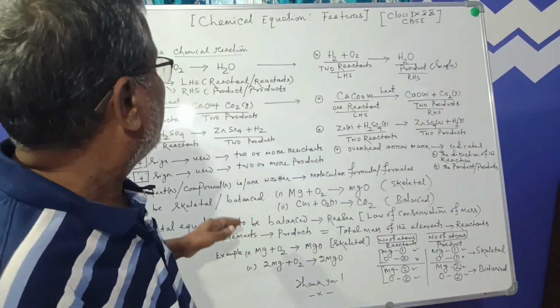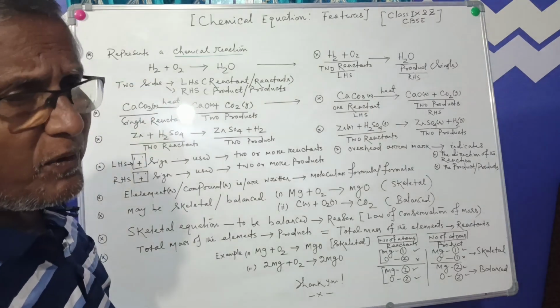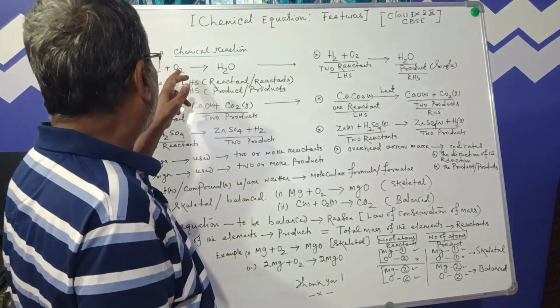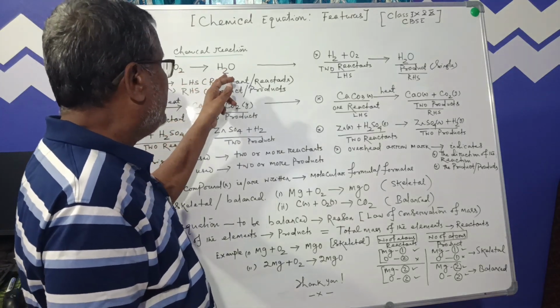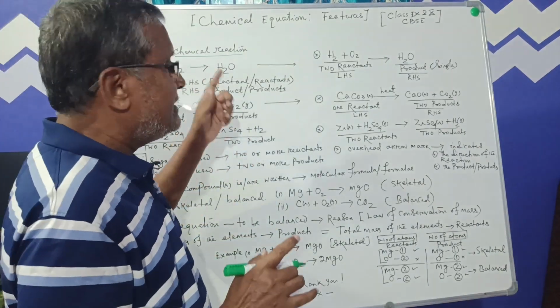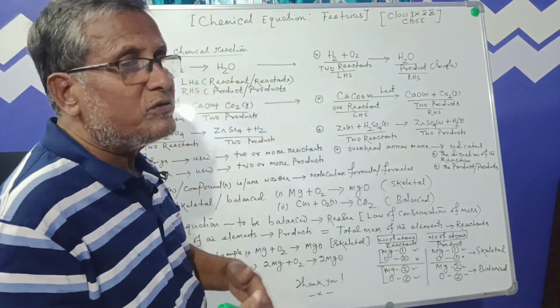Now, the first point, we have taken an example for your concept, that is when hydrogen reacts with oxygen, a new substance is formed. So you know that in a chemical reaction there is a change in substance, change in state, and a new substance is formed.